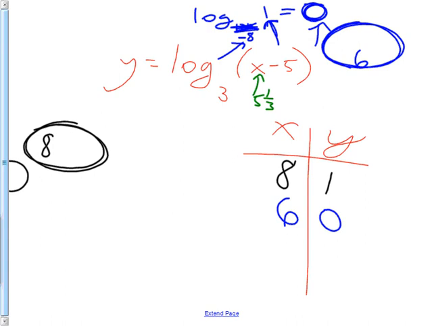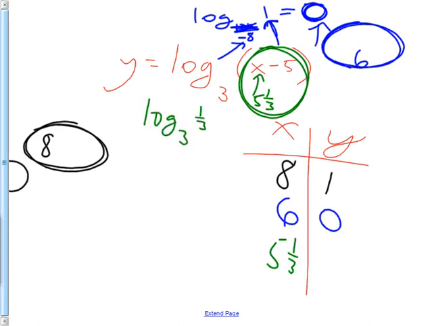So if I do 5 and 1/3 minus 5, do you get how 5 and 1/3 minus the 5 will make it 1/3? And then I'll have log base 3 of 1/3. And that'll be really smart because that is really 3 to the negative 1. Log base 3 of 3 to the negative 1. And then that is negative 1.